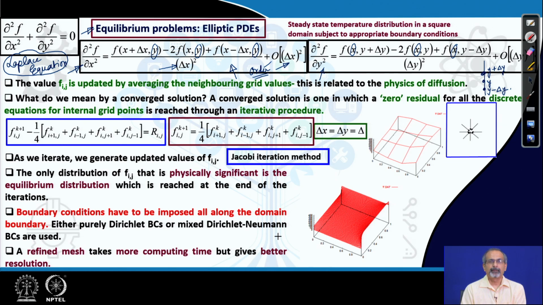And you will see that when you apply it to the Laplace equation, that means you are going to put this form plus this form equal to 0, and then you rearrange the terms. You can write them like this. Let us not look at the superscript immediately. First, let us match the coefficients, the subscripts.